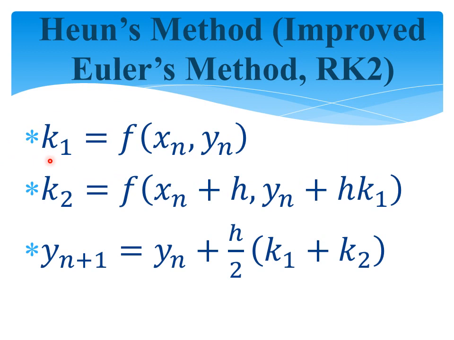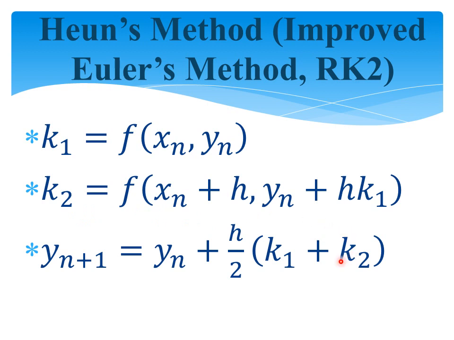The formula is given: f(xn, yn). Then k2 = f(xn + h, yn + h k1). If we find the value of k1, then we put these values of k1 in k2.